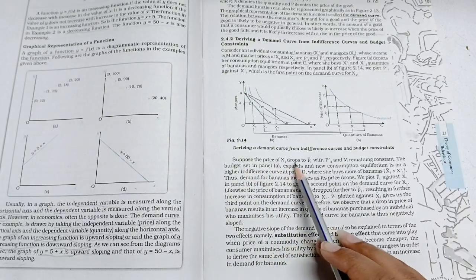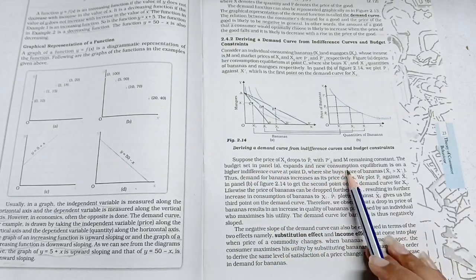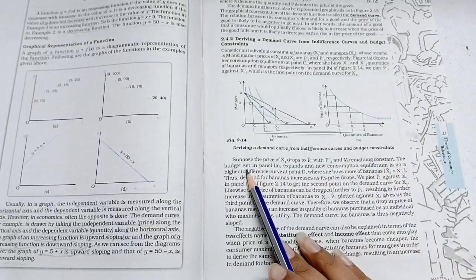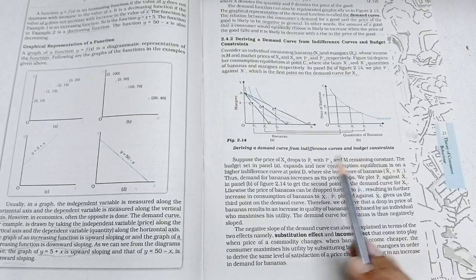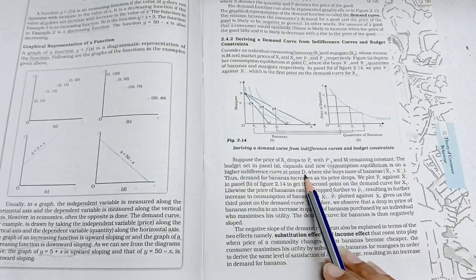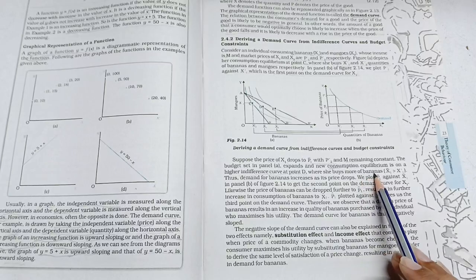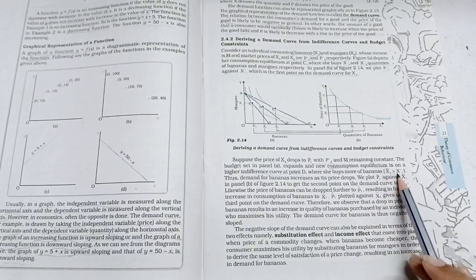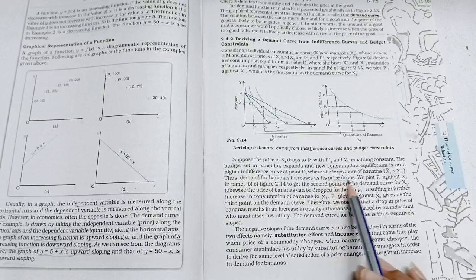Suppose the price of x1 drops to P1 bar, with P2 and M remaining constant. The budget set in panel A expands and the new consumption equilibrium is on a higher indifference curve at point D, where she buys more bananas, x1 bar greater than x1. Thus, demand for bananas increases as its price drops.